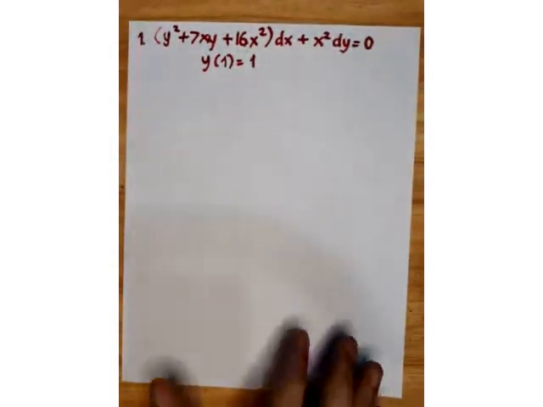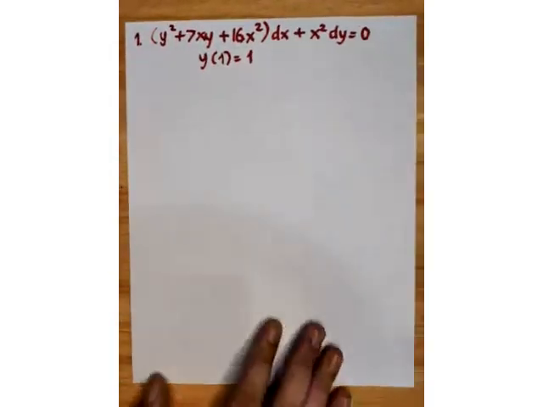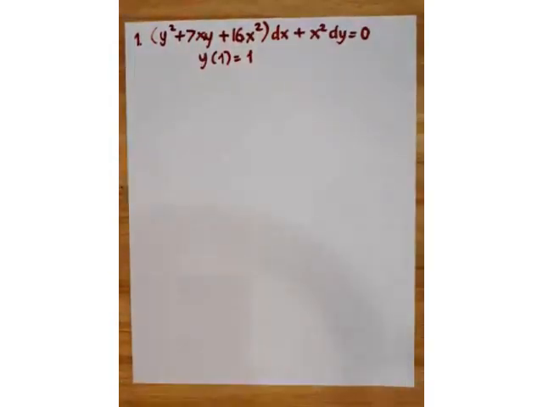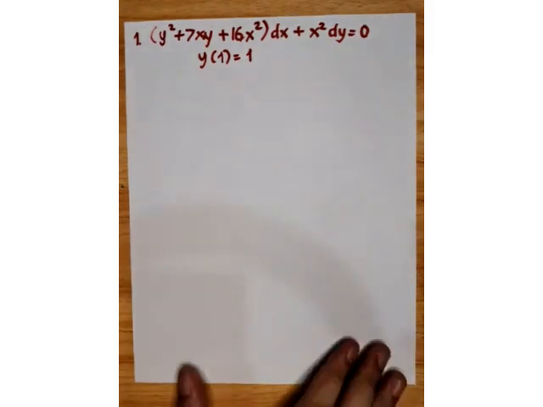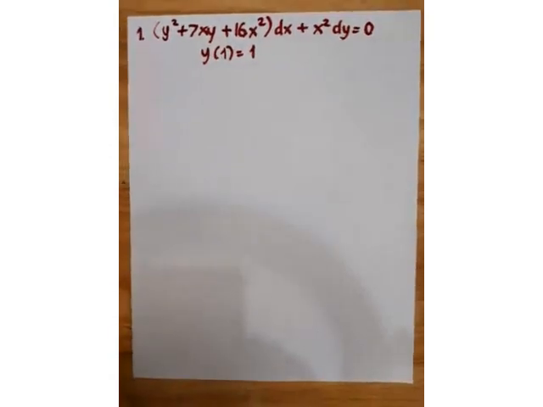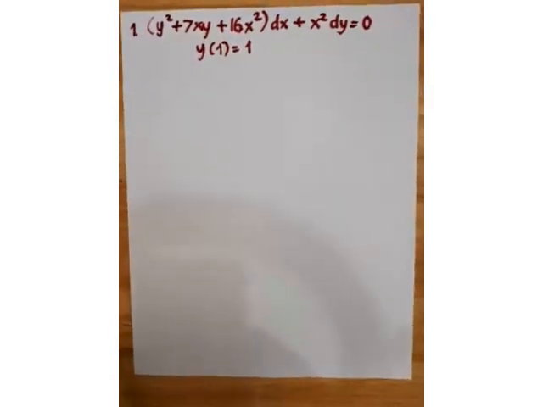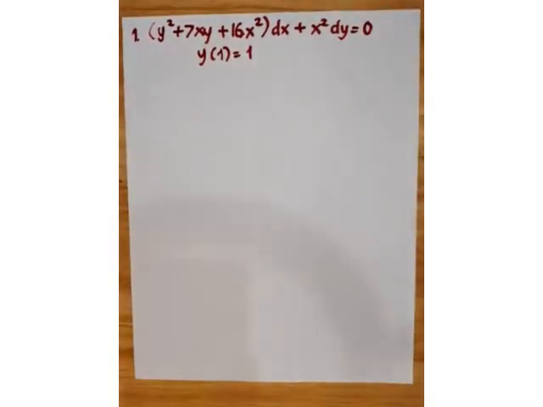So the method we use, the method of homogeneity, requires us to first identify if the equation is homogeneous or not. If it is not homogeneous, that means we cannot proceed with the method using homogeneous equations. We have checked this equation and found that it is a homogeneous equation of degree 2.